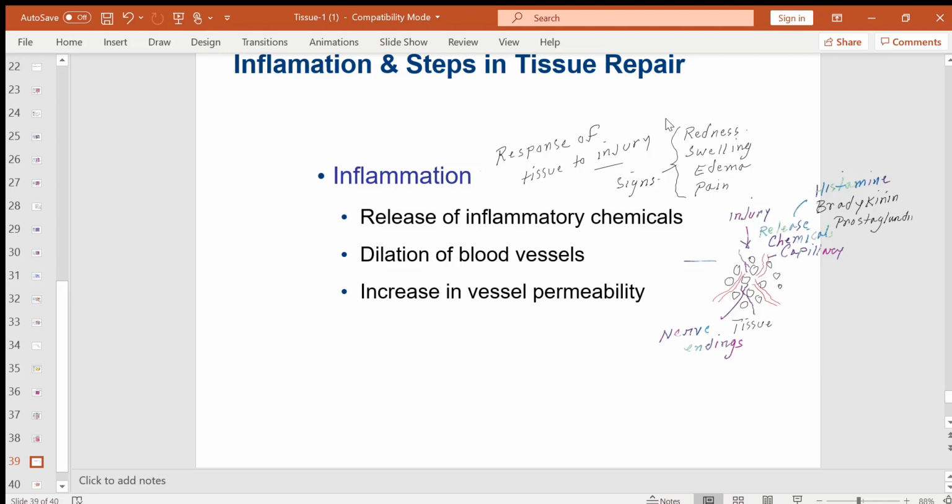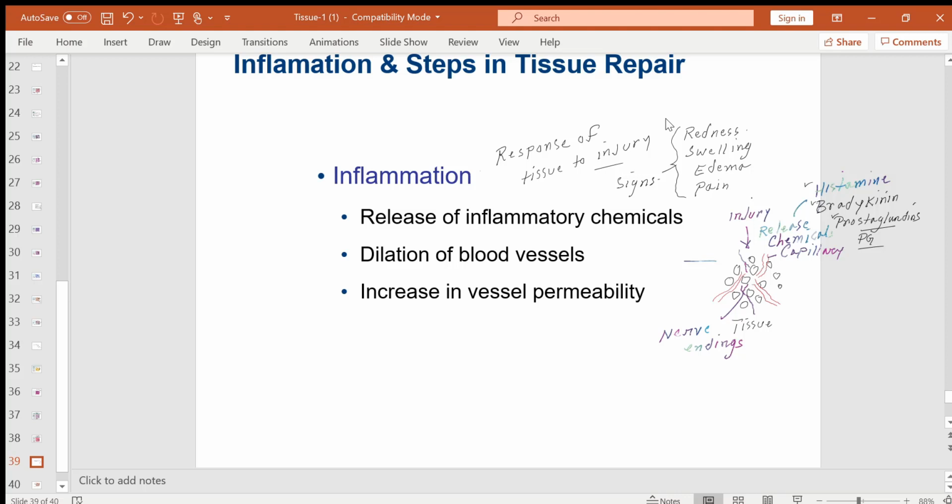There are different types of prostaglandins. Shortcut we say PG 1, 2, 3, 4. So those are the main chemicals: histamine, bradykinin, prostaglandin.